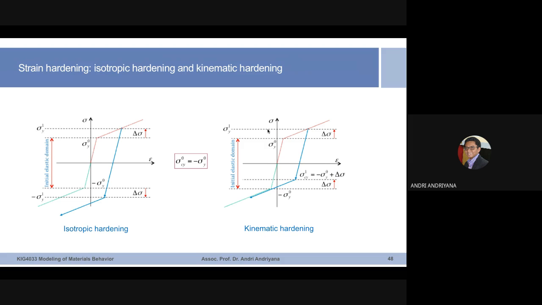So see it from the engineering practice perspective, mechanical engineering, that you can modify the strength of materials, especially metals. Just deform it plastically, then you alter the strength. You increase the strength. Okay.